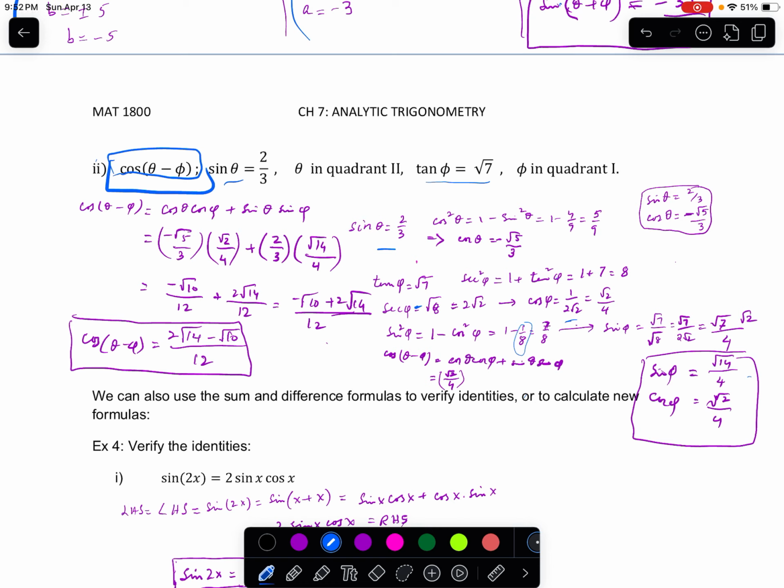Remember, the 3 Pythagorean identities are: cosine square theta plus sine square theta is equal to 1; the next one is 1 plus tangent square theta is equal to secant square theta; and the third one is 1 plus cotangent square theta, or cotangent square theta plus 1, the same thing, is equal to cosecant square theta.